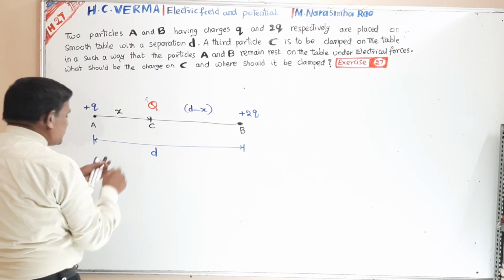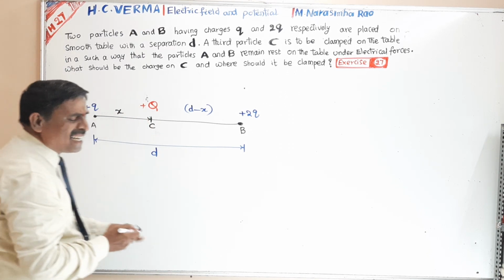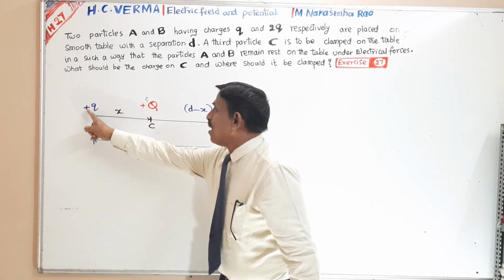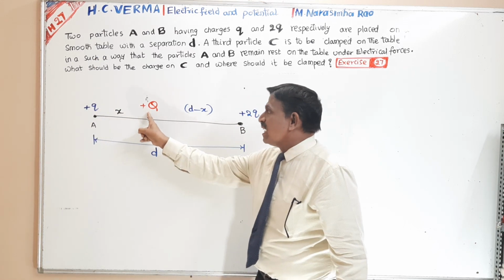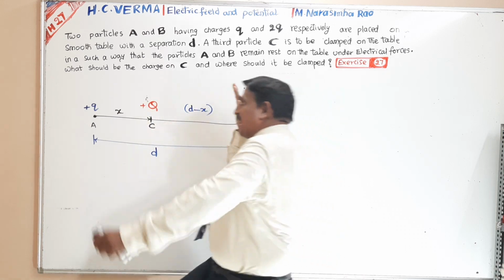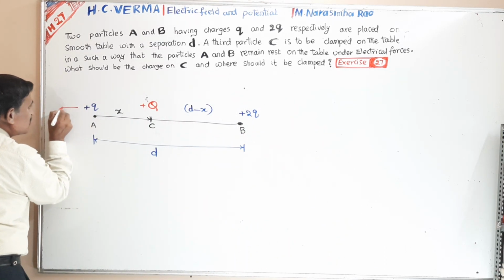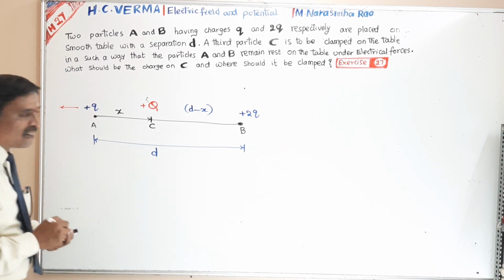Suppose it is a positive charge. Then this positive charge applies a repulsion on this charge, and this charge moves in this direction.